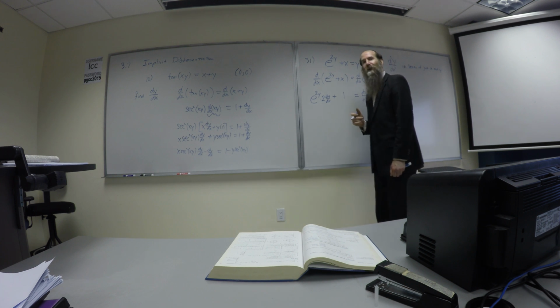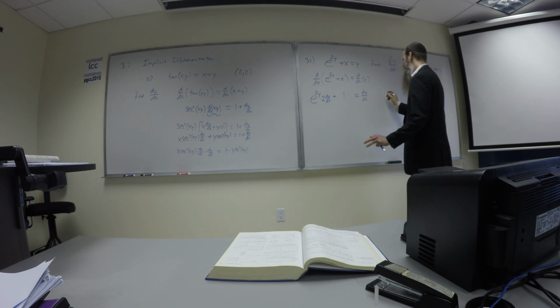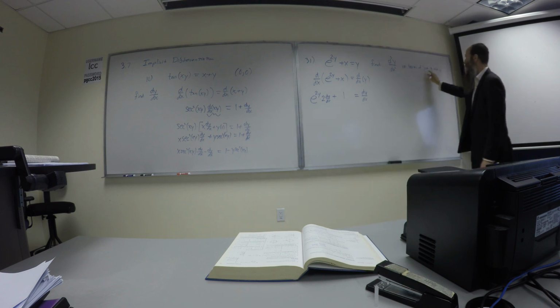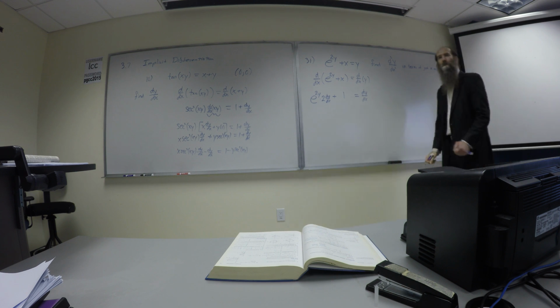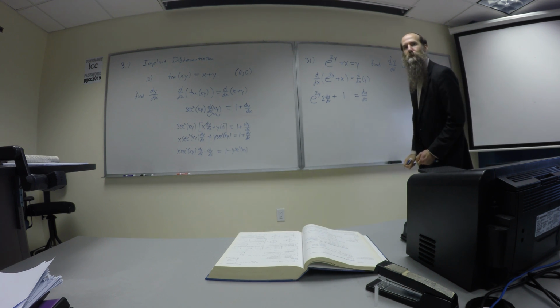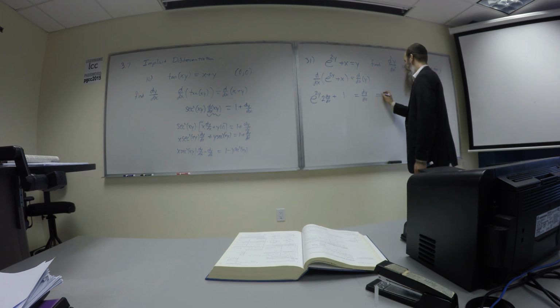You need it because your final answer can only have x and y. It can't have dy dx in it. So it's better to solve for dy dx as soon as possible. Let's solve for dy dx now.